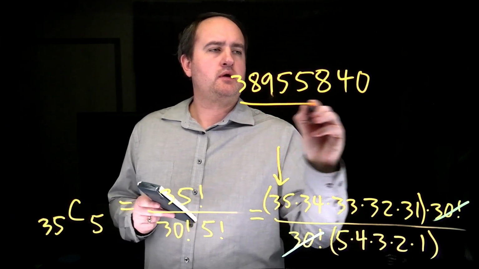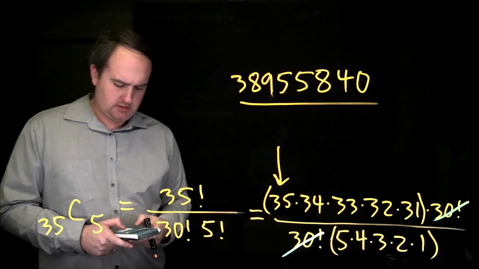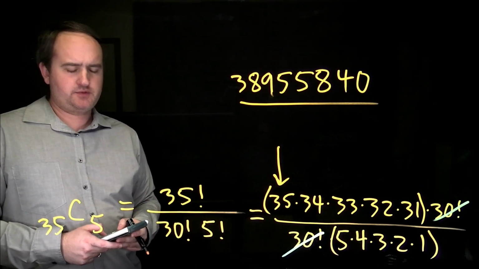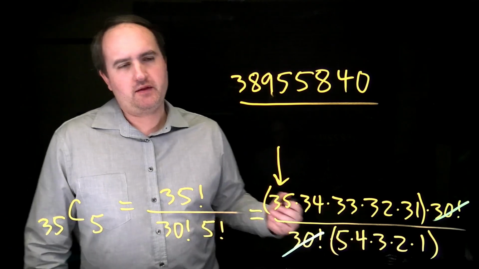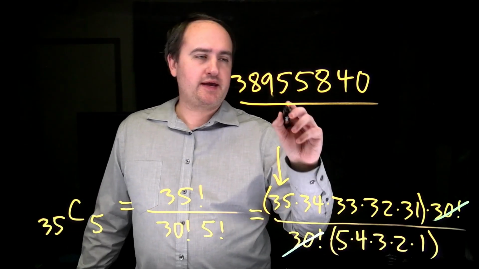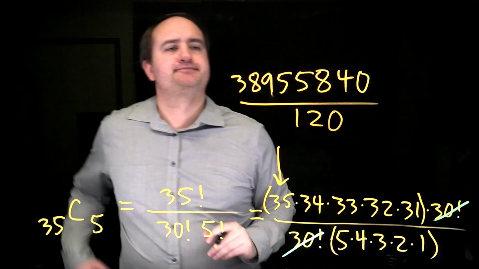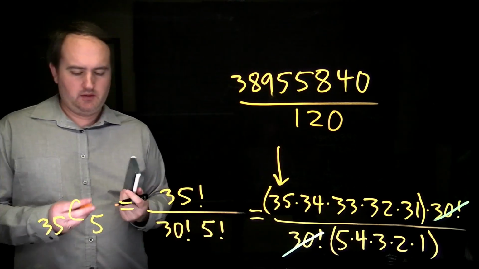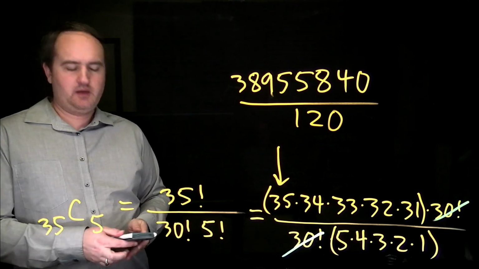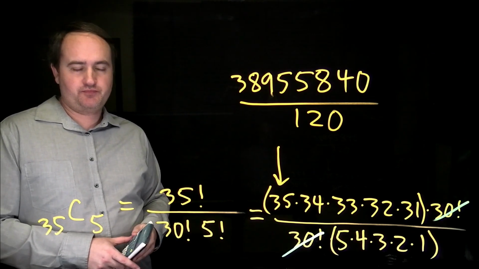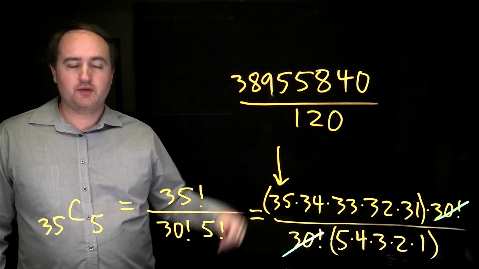Over the denominator, which is 5 times 4 times 3 times 2 times 1. And that's actually 5 factorial, which you already calculated earlier, was 120. Okay. So then if we do this division, we could do that on any calculator.